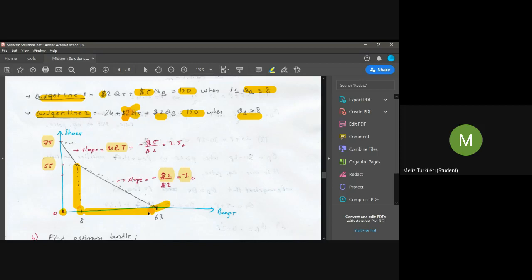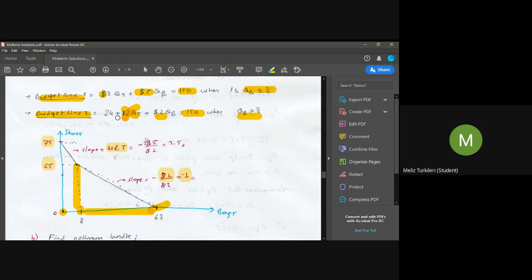Okay, so since 63 times 2 is equal to 126, then 150 minus 126 should be equal to this coefficient, and I find this coefficient to be 24.